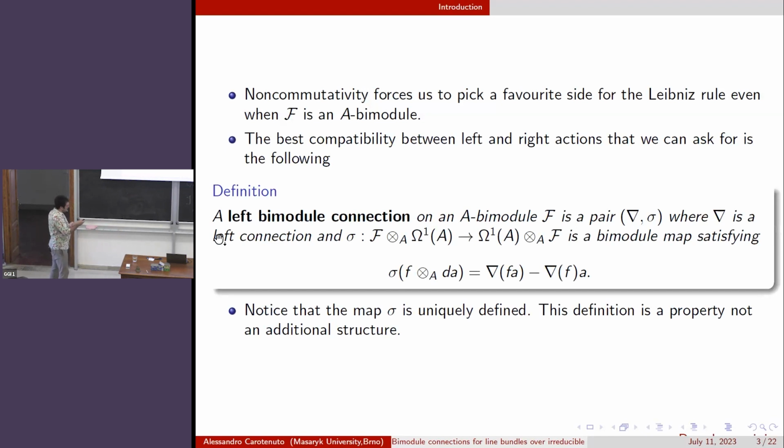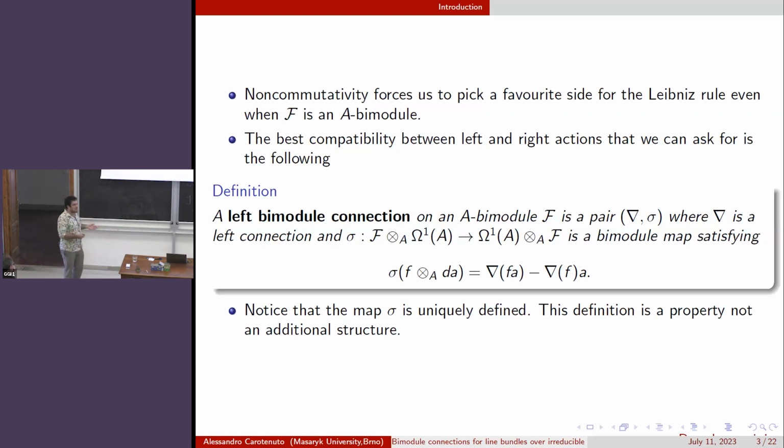So let's suppose that I start from a left connection on a bimodule, then I say that this left connection is a bimodule connection if nabla is a left connection, of course, and if this map sigma that goes from my bimodule F tensor omega 1 into omega 1 tensor F, and is defined in this way that you see on the slide, is a bimodule map, then we say that we have a bimodule connection.